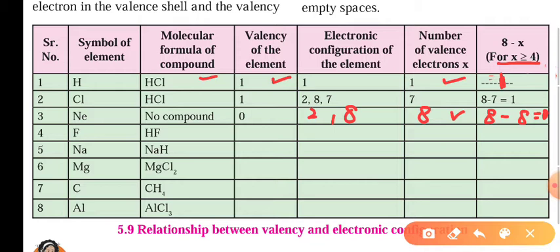Now the next one is fluorine, HF, valency of the element. Fluorine's valency, how can we write? 1, because it's combining with hydrogen. Then 2 comma 7. So number of electrons 7, and here 8 minus 7 equal to 1.